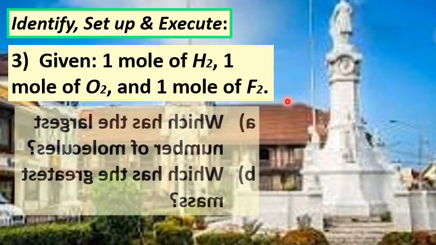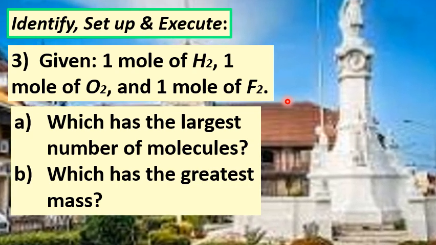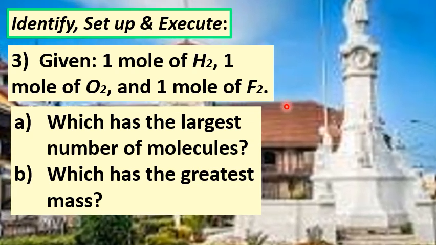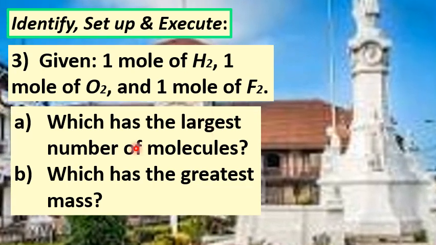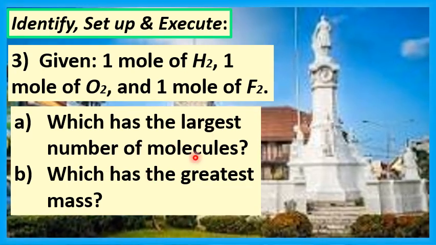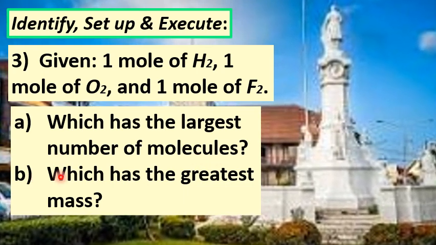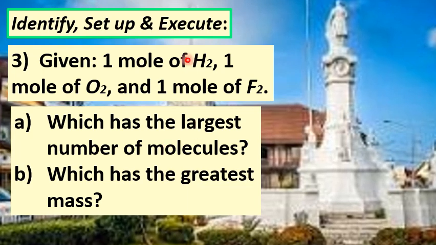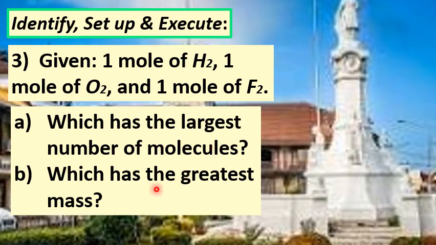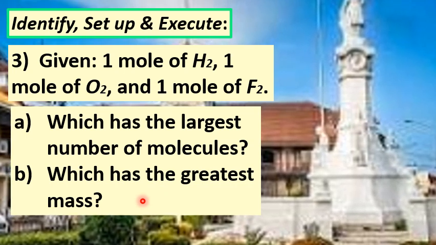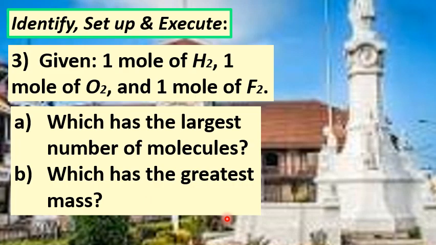And we are asked to find, for letter A, which among the 3 gases has the largest number of molecules. And for letter B, which among the 3 gases has the greatest mass, like mass in grams?